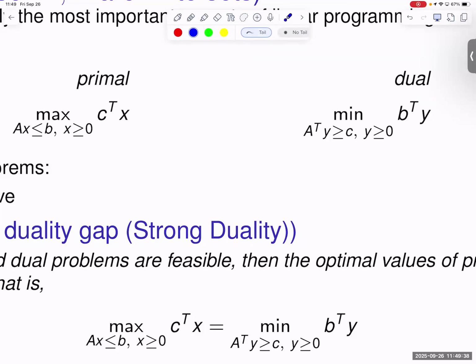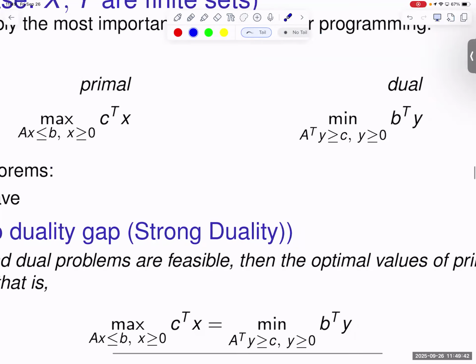Then how are these objective functions and constants related to each other? Here, the vector C defines the objective function. But now this C in the dual problem is here: it defines the constraint.